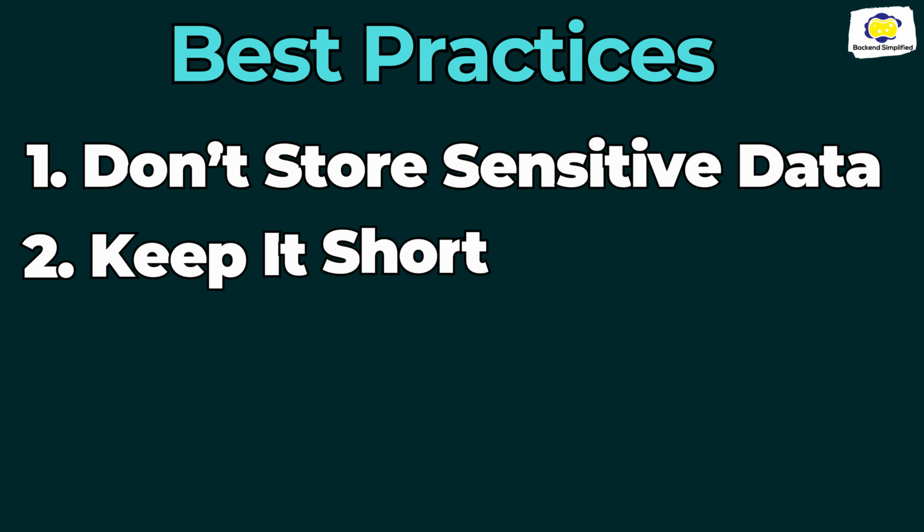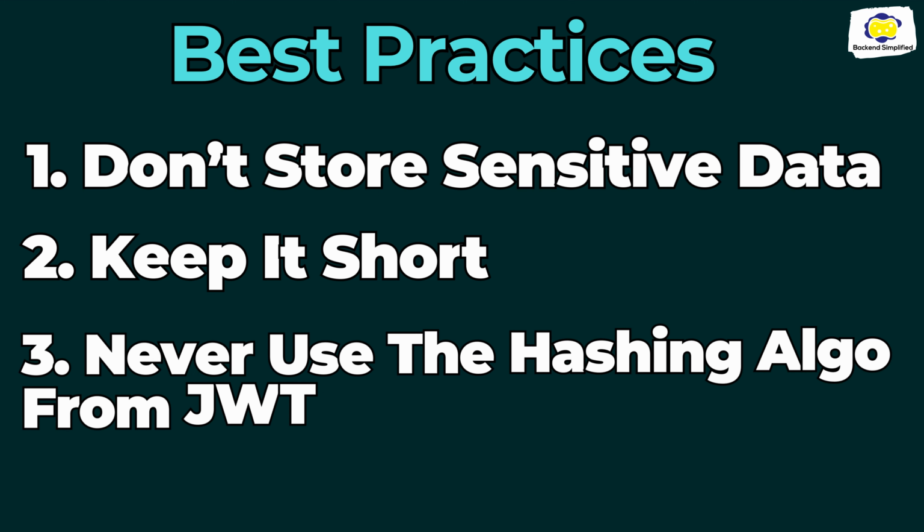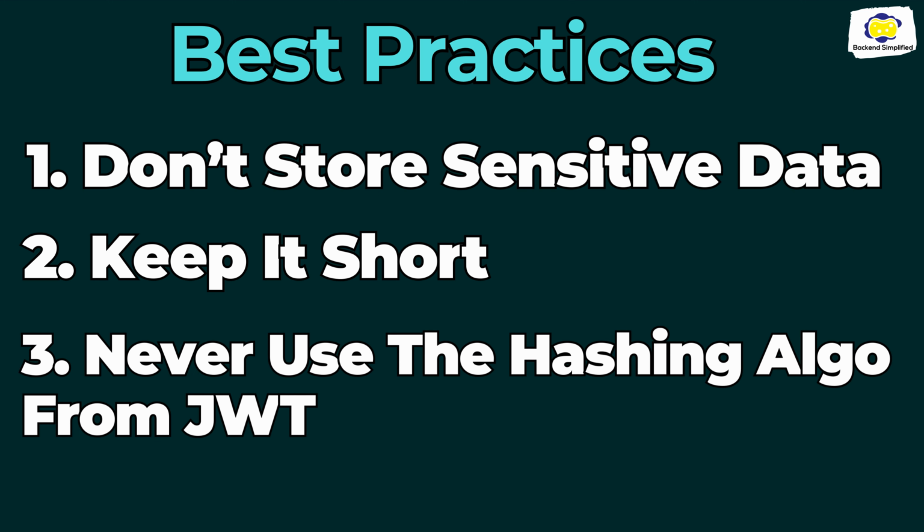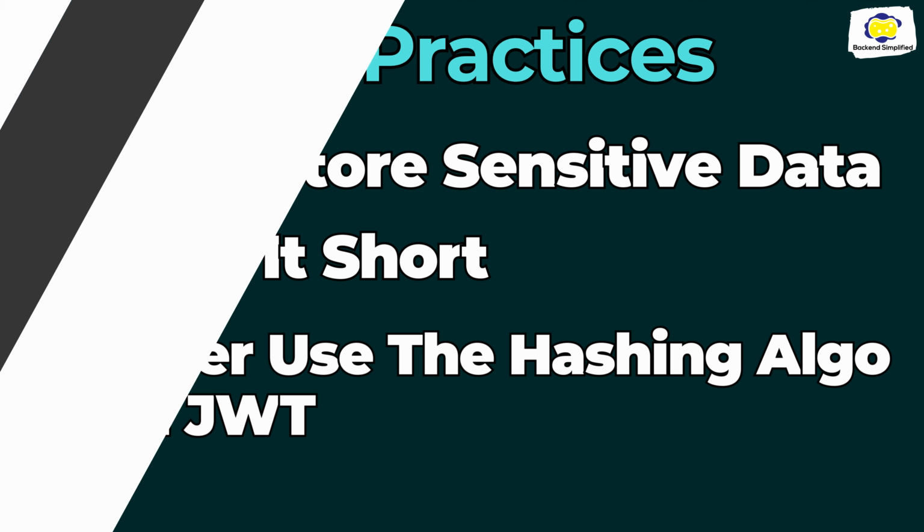We must make sure we keep it short without many attributes. A too-long JWT will take longer to transmit over the internet and cause a slower user experience. The last point is to take the hashing algorithm from the server and not from the JWT. If we take it from the JWT header, an attacker can manipulate it to generate any JWT he wants with all the permissions in the world.